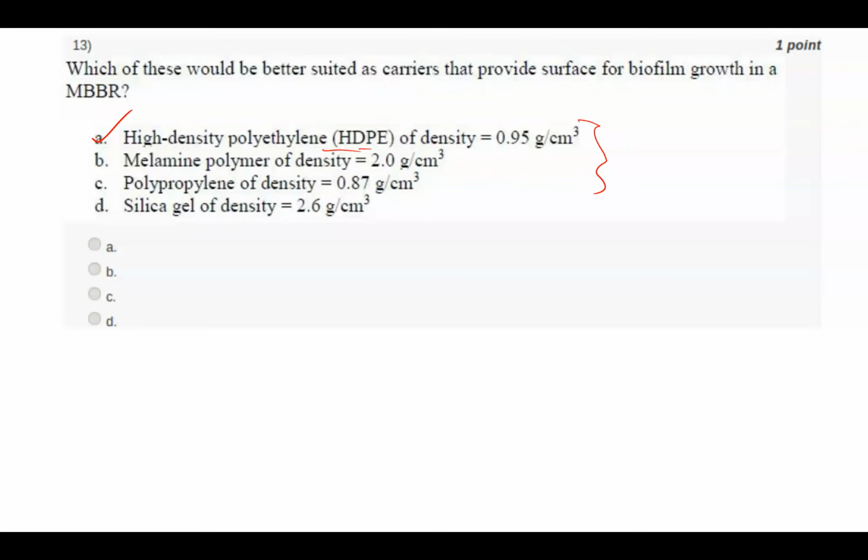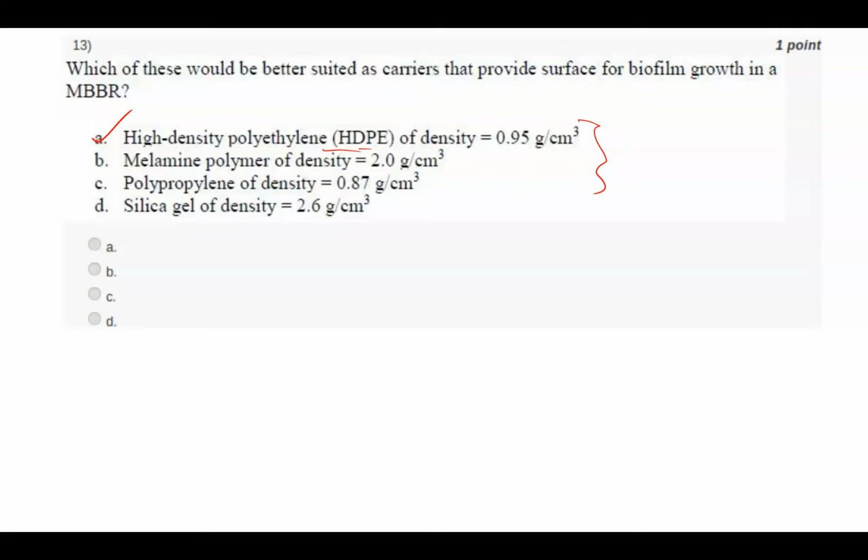Different properties of this are there. It is strong, durable. Yes, okay.